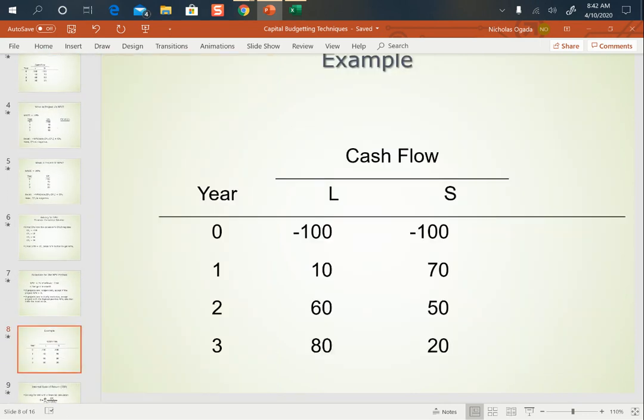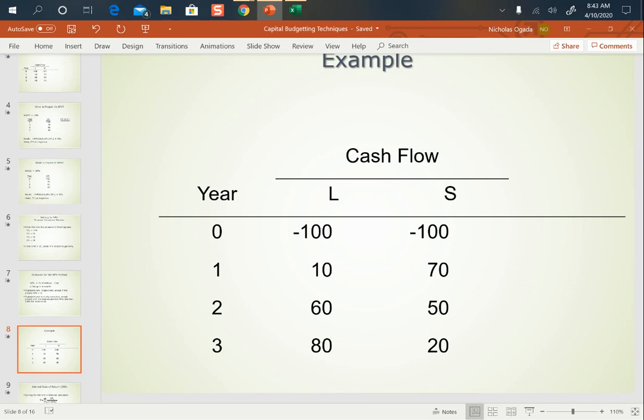I'm going to use the same simple example that I used when I was looking at the net present value. So here we have two investment projects, L and S. Both investment projects require an initial outflow of $100 each, or 100 millions each, depending on how you look at it.